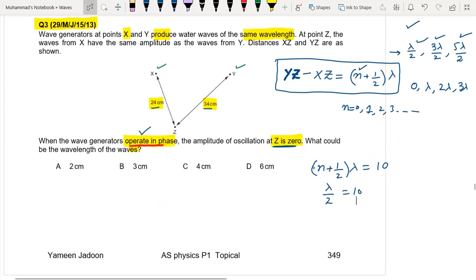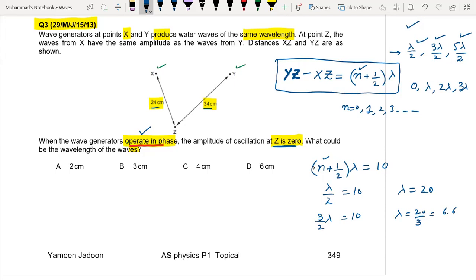So lambda in this case will be 20, and you can see there is no option of 20. Then I will put n equal to 1. That will be 3 by 2 lambda, so lambda will be 20 by 3, that is 6.6 something. So this option is also not available.